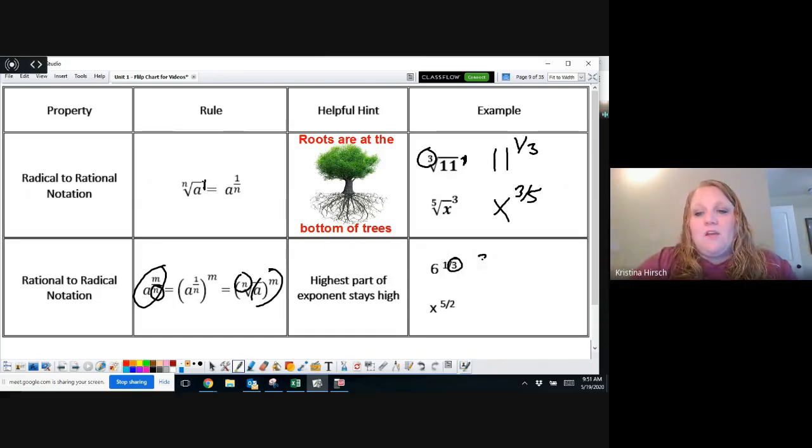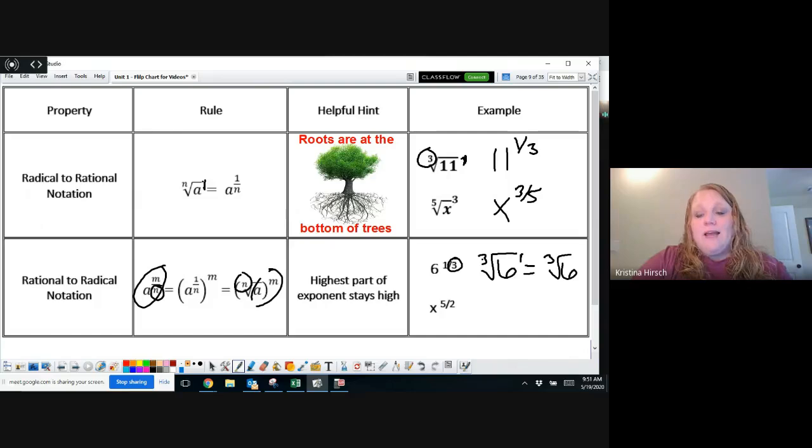So I'm going to say the cube root of 6 to the first power. Anything to the first power is just itself, so really it would just be the cube root of 6. If you put the 1 there, it's not a big deal, but that's not the most simplified. It's better to have just the cube root of 6.